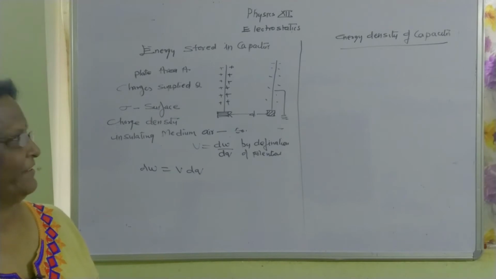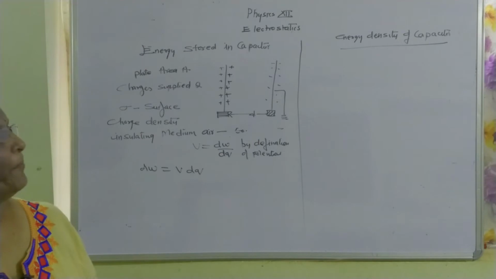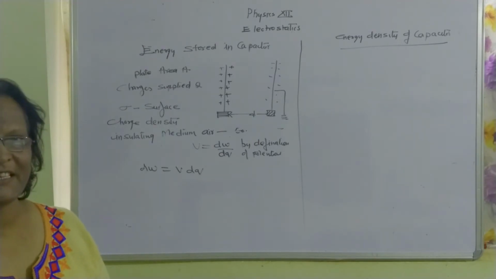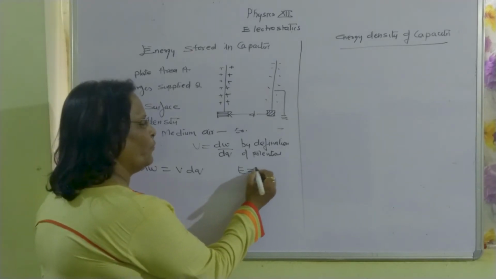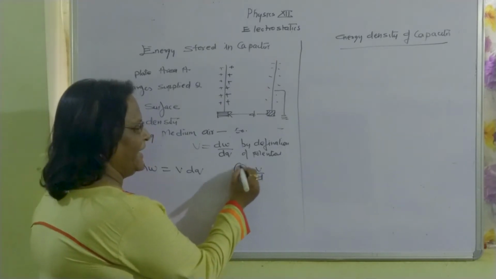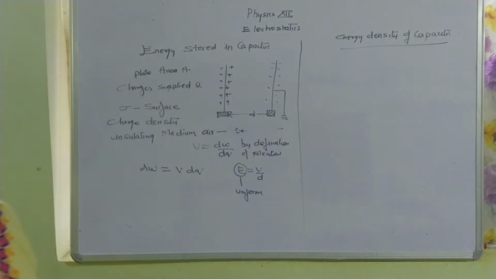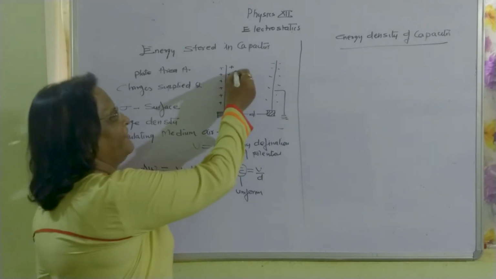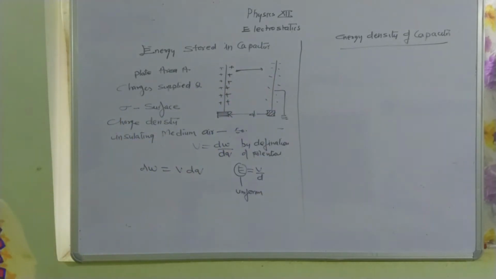Because between the plates which are parallel to each other, the potential difference will be constant. The reason is that here E equals V upon D, and E is uniform. Why is E uniform? Because the electric field lines which originate from the positive plate to the negative plate are all parallel. The distance we are not changing, so obviously the potential difference between the plates will be constant.